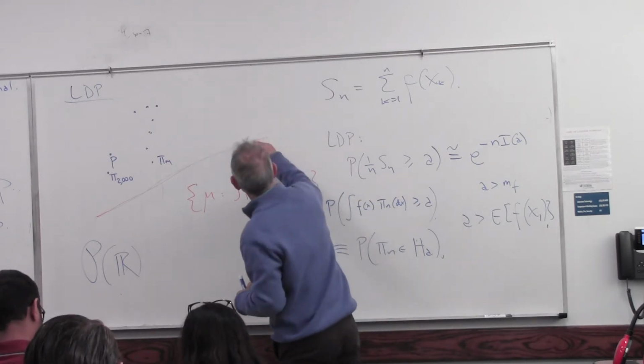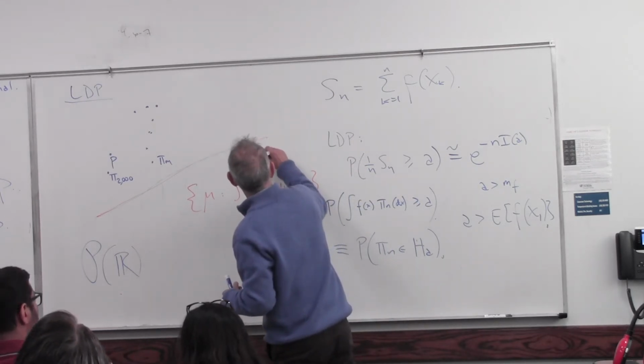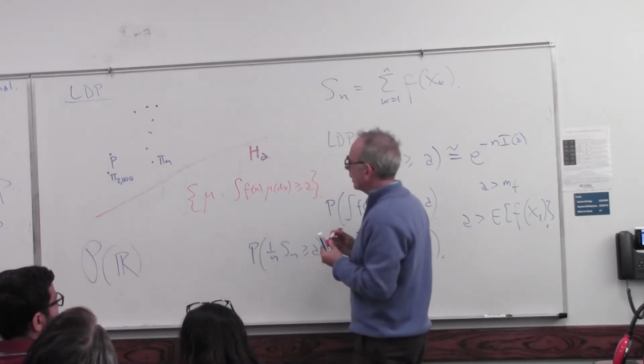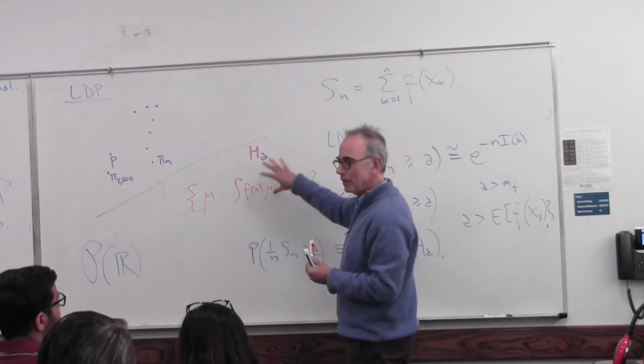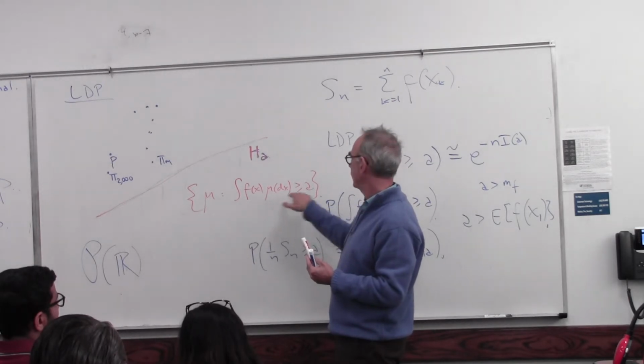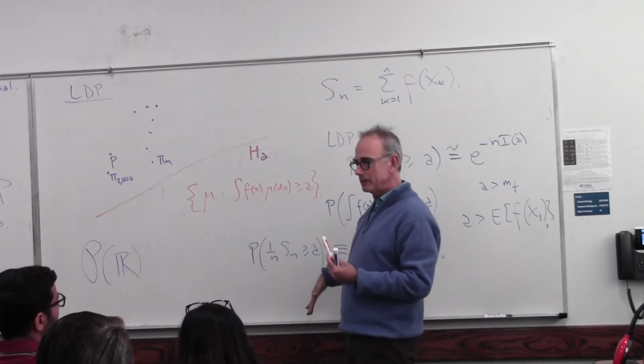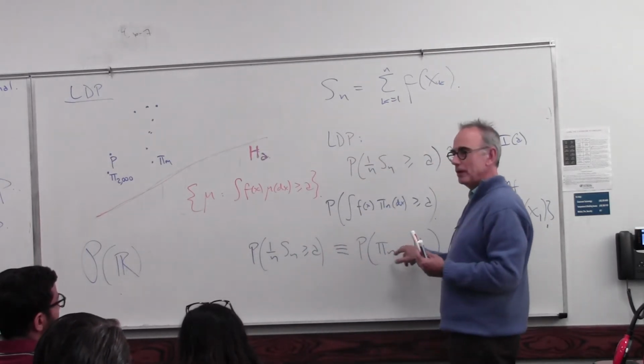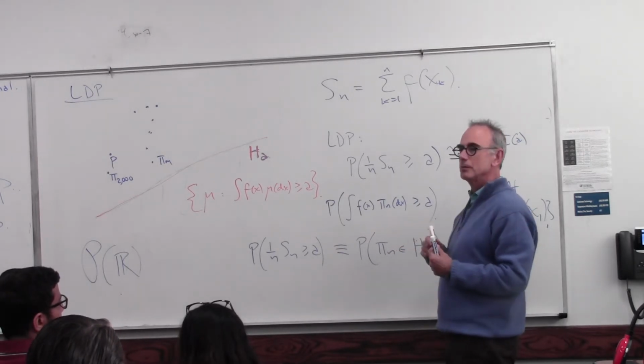Maybe we could try to make it red. Oh yeah, it is, okay. The set of all probability measures where the mean of f is greater or equal to A is like a half space, and we're asking, is the empirical distribution in that half space?